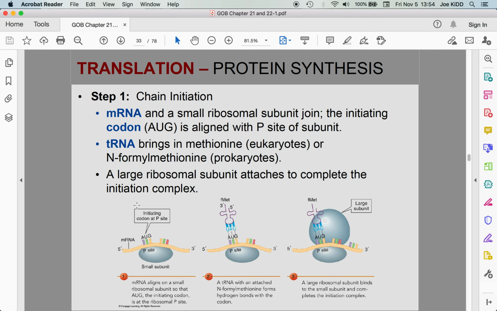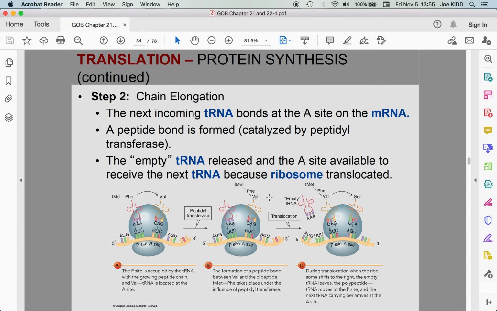So what will happen is mRNA and a small ribosomal unit will join, and this will initiate a codon, AUG standing for methionine, right, that initial codon. The large ribosomal unit will come on top, and then as each tRNA is brought, it will link into the large ribosomal unit, and it will start knitting together the different amino acids as they come.